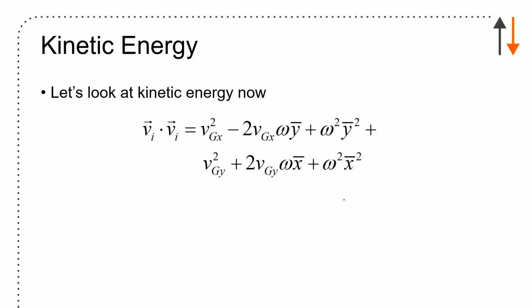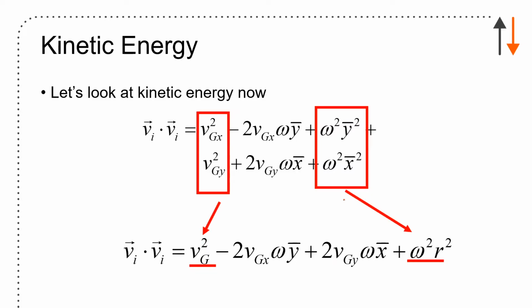So if I take the dot product of that, I end up with this mess, and this mess is a whole bunch of terms: v_gx squared, v_gy squared, and then these other omega squared terms, omega squared y squared, omega squared x squared. Then I have two other terms in between. Those two terms are about the center of mass because that's the way I've defined everything here.